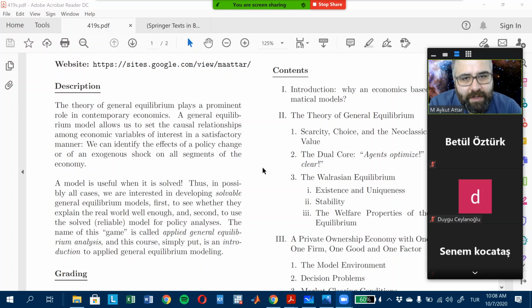So when we construct a model of general equilibrium, we basically connect these markets to each other through different channels. Obviously, it is a micro-founded approach.